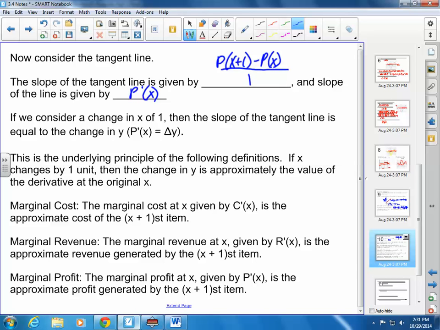But the marginal cost at x given by c prime, where c is a cost function, is the approximate cost of the x plus 1 item. So the marginal cost is what happens if you have x items and you get one more. The x plus first. I didn't know how to write that. Marginal revenue.